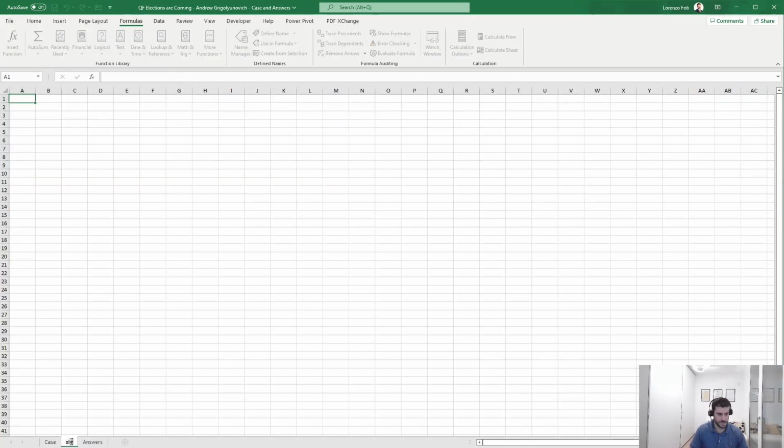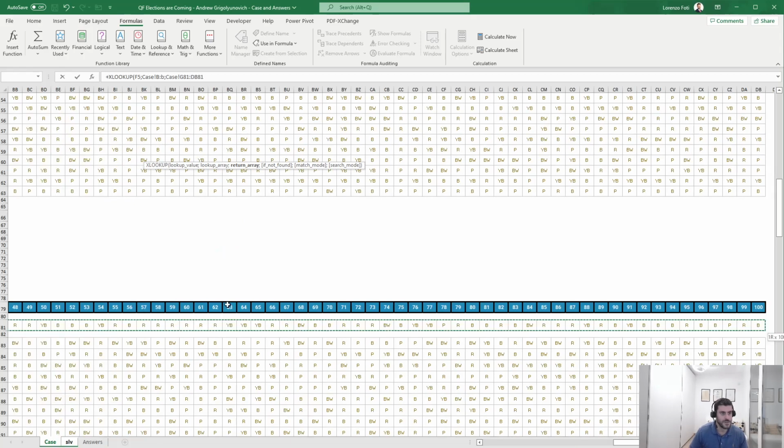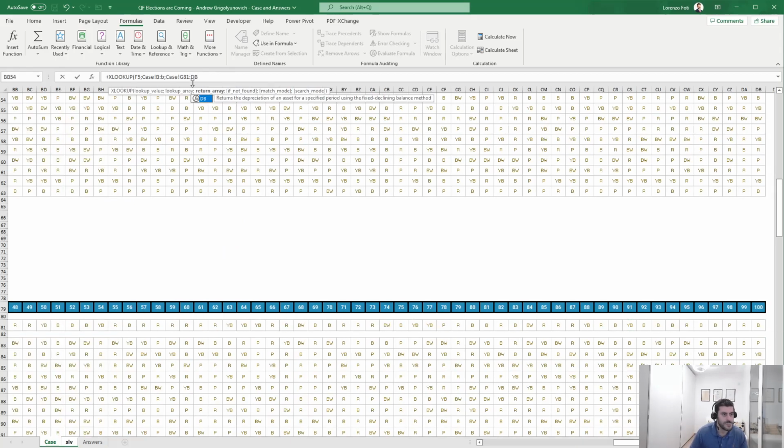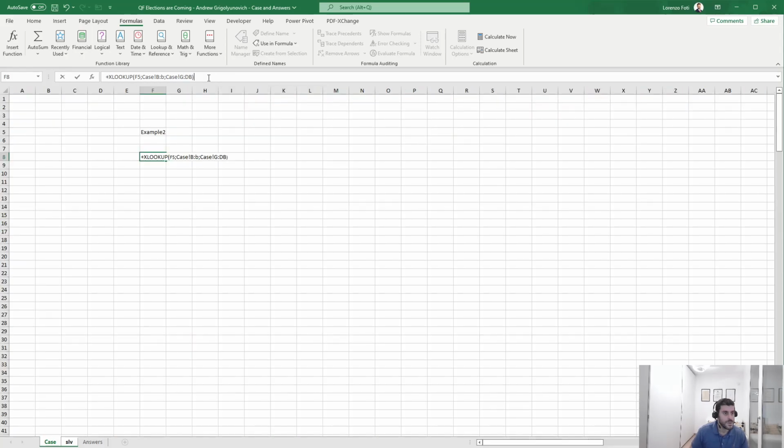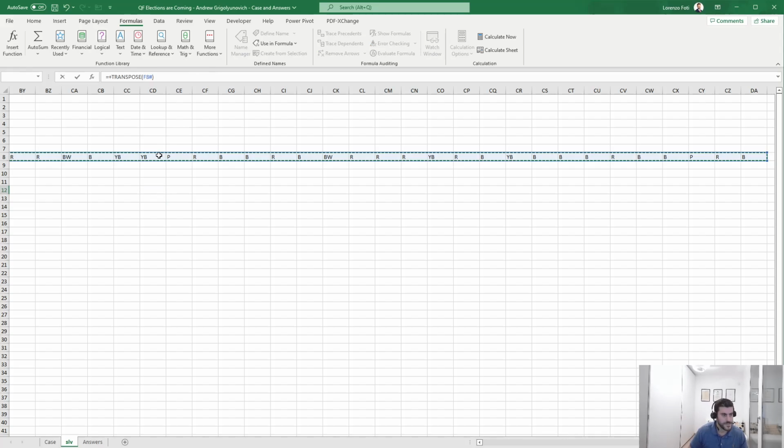Maybe let's use a separate worksheet, so we'll have example 2. I will XLOOKUP this against my column B as usual, returning columns G to DB. Let's transpose this, maybe the whole thing.